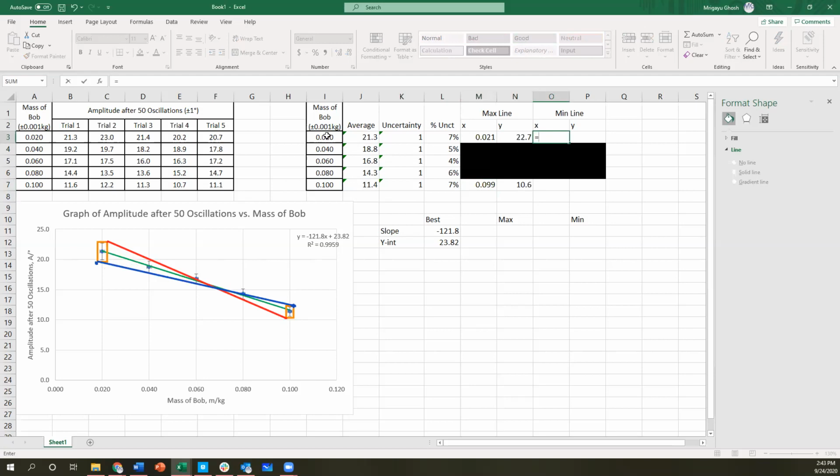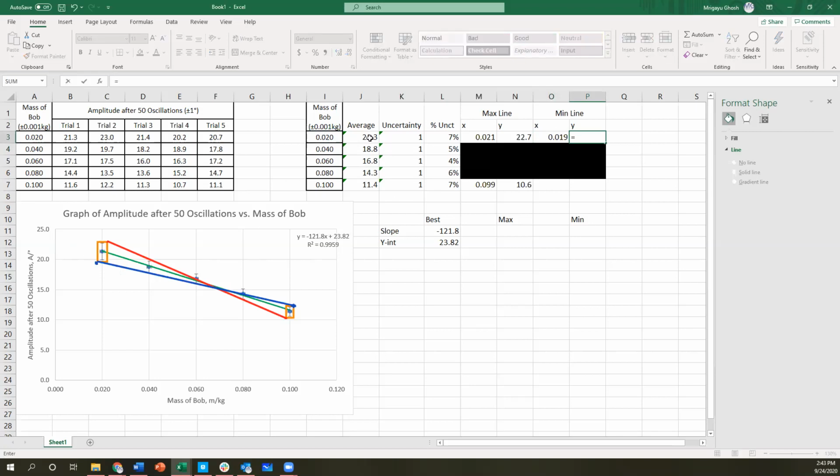The min line would be, but this time it's minus, right? So this minus 0.001. And then the y value is also whatever the average is minus the uncertainty.